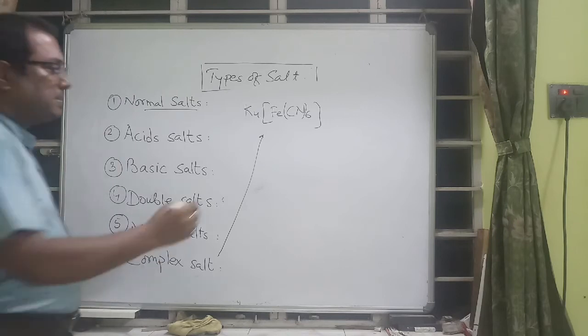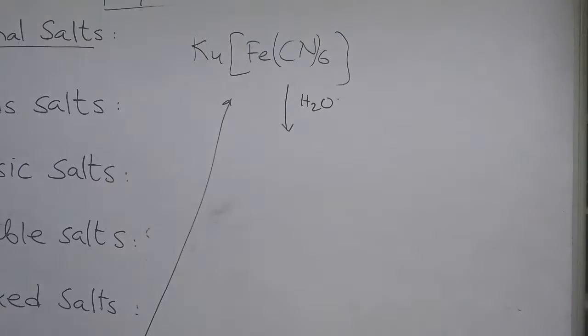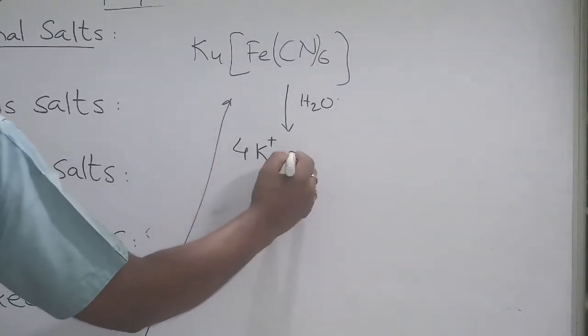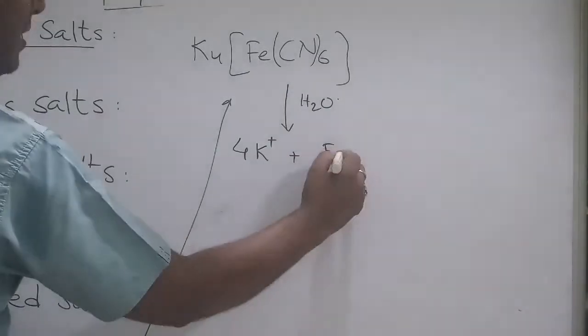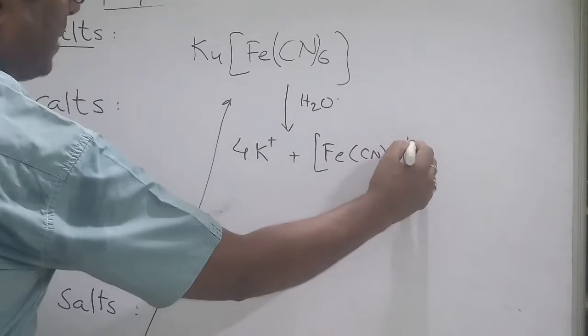Why will I say complex? Because when I add the salt in water, it is going to break up into 4K plus and FeCN6, the whole 4 minus.